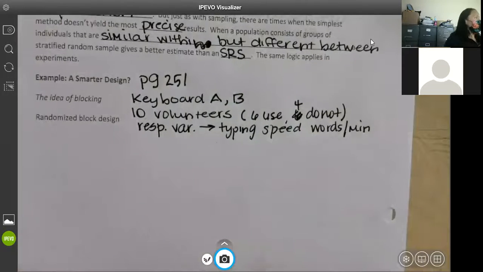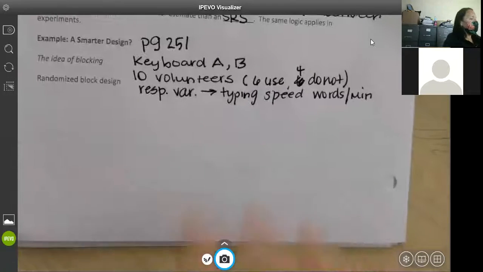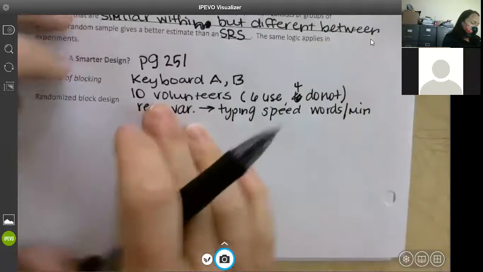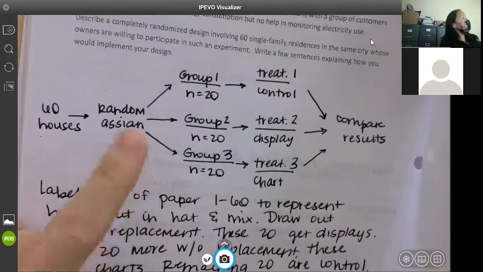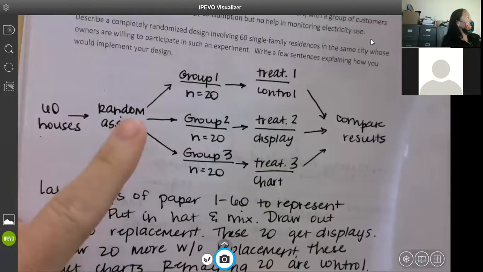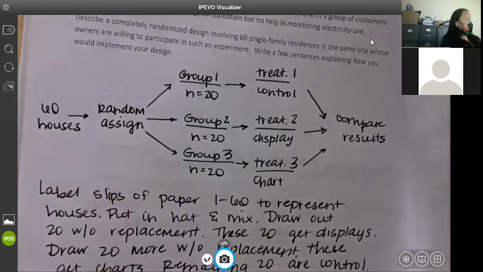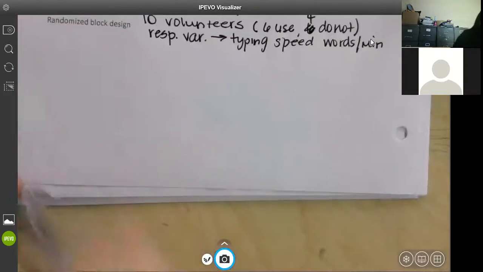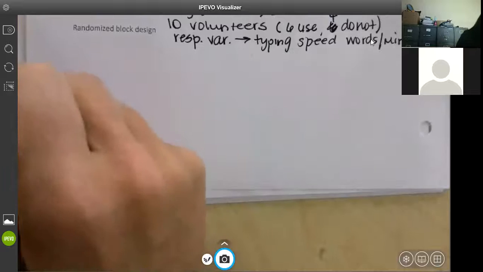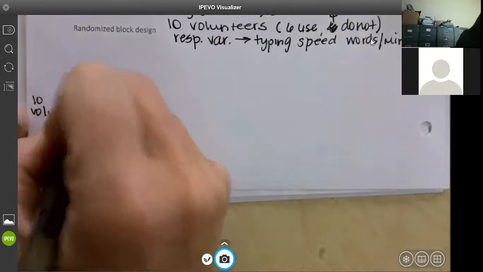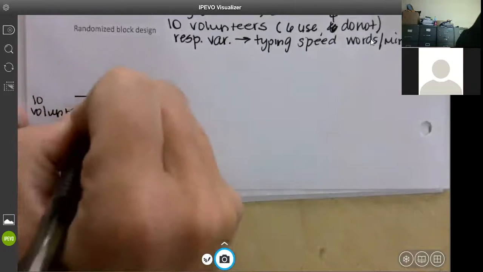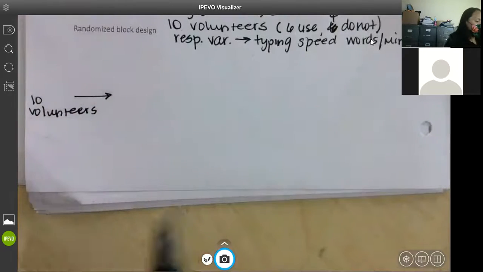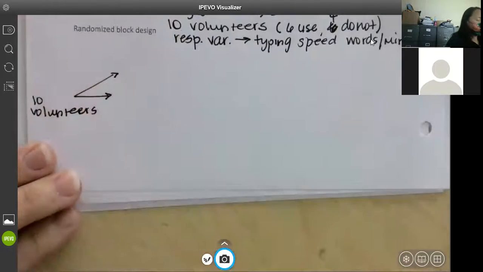Underneath here, I'm going to show you the randomized block design. We made the experiment the other day, yesterday, Tuesday. But what we're going to do now is block before we randomly assign. So we're adding one more thing in there. We started with 10 volunteers. Remember, we always start with the experimental units. We're going to split them into 2 groups.